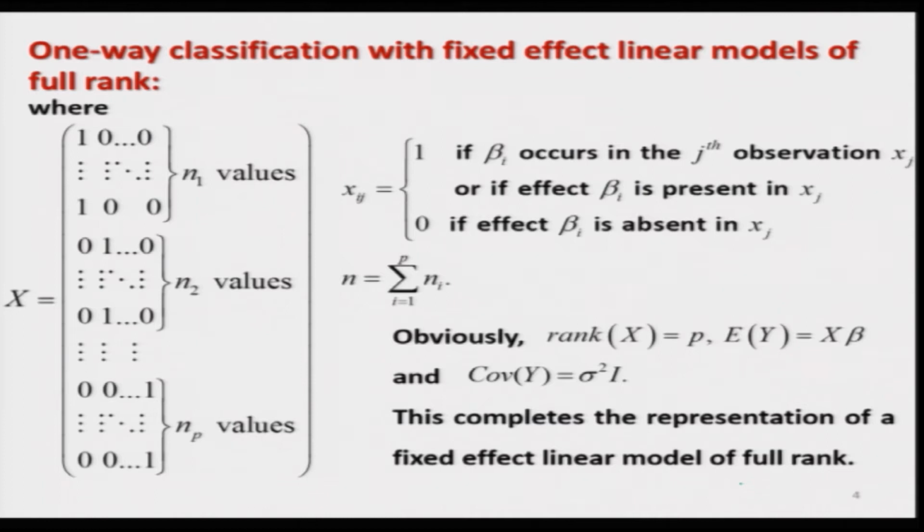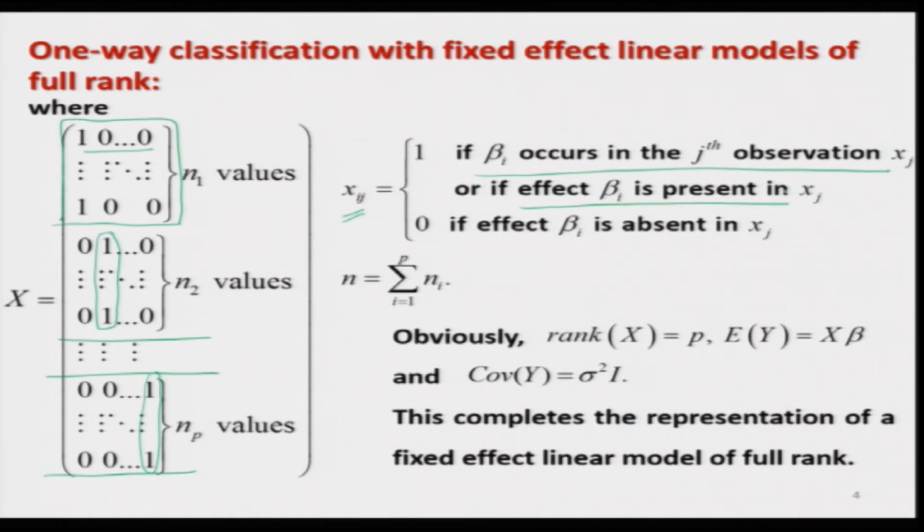The design matrix will look like this: the first n 1 rows have 1 in the first place and all other values 0, and similarly the second set of n 2 rows has 1 in the second column and all others 0, and similarly in the last set the values in the last column are 1 and all other values are 0. Here x i j, the i jth element of the design matrix X, takes value 1 if the effect beta i is present in the jth observation, and takes value 0 if the effect beta i is absent in it.